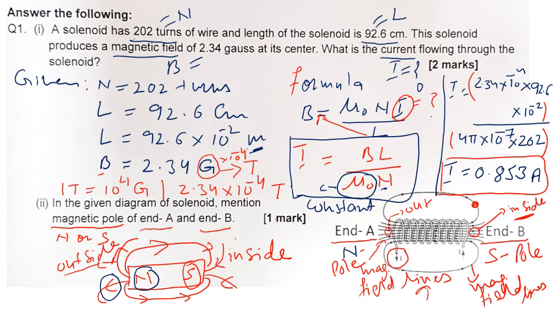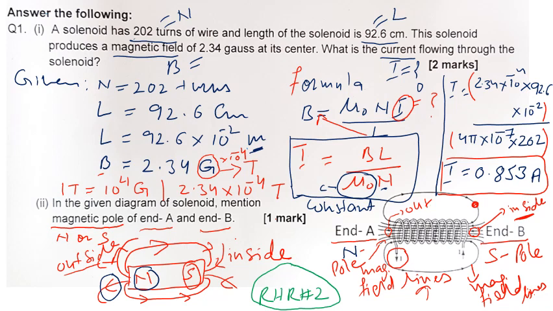So if I give the answer on the basis of the direction of the current flowing in this coil, you have to use the right hand rule 2. You use this right hand rule 2 to say which end is the north pole and which end is the south pole.